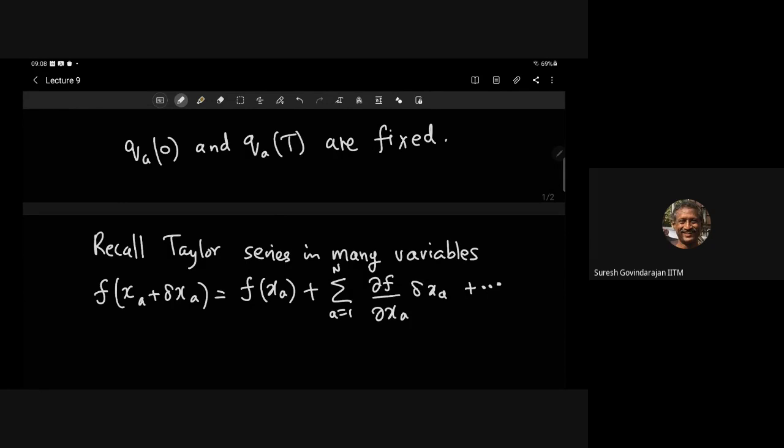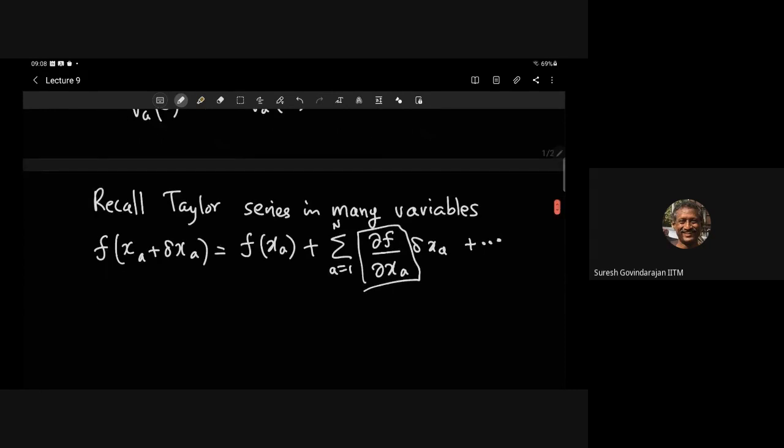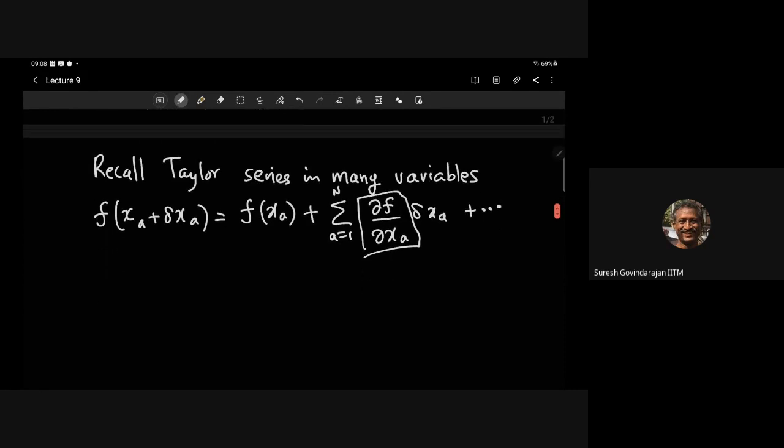So there are n independent directions, and each one of them is characterized by a partial derivative with respect to variable xa. So just direct analogy with this, we can write.